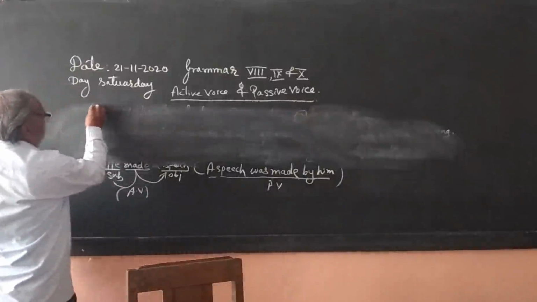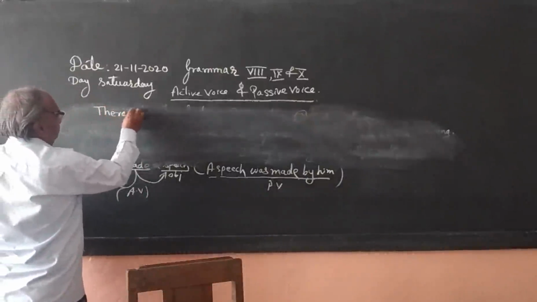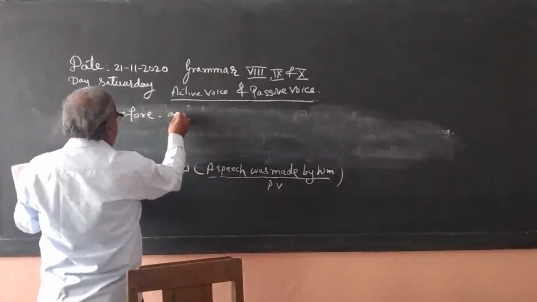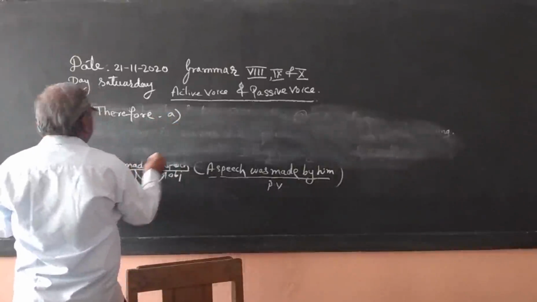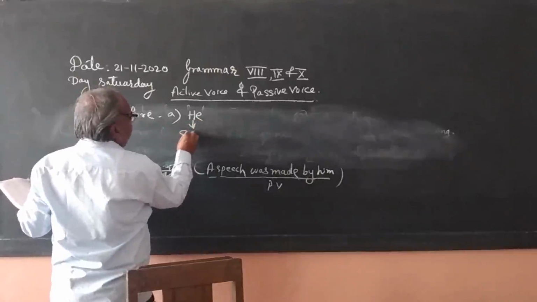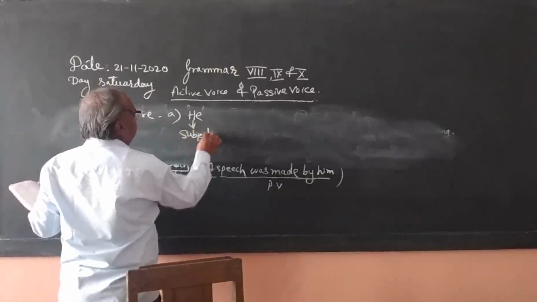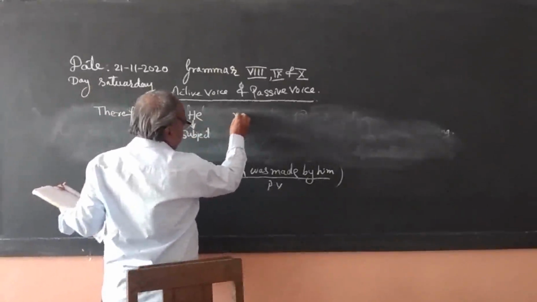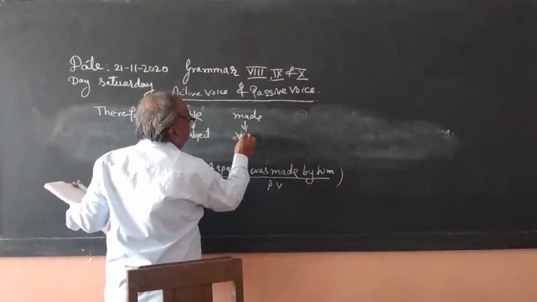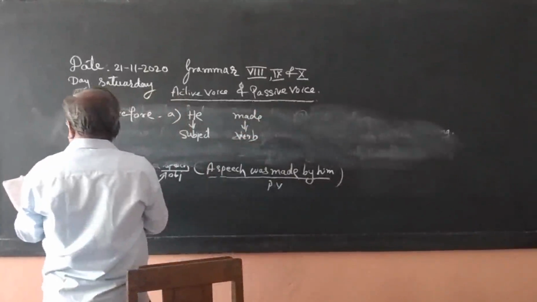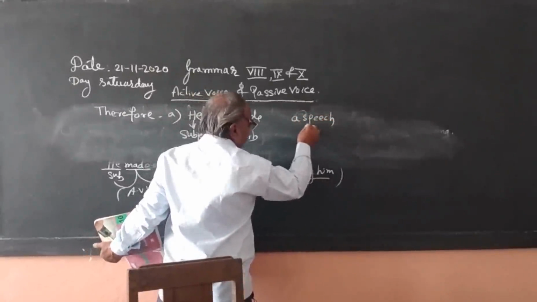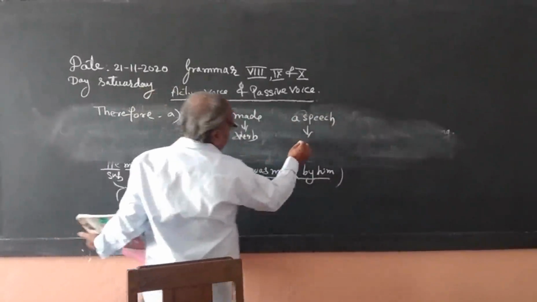Therefore, he, as I have told, it is subject, made, that is verb, that is past tense verb. A speech, this is object.